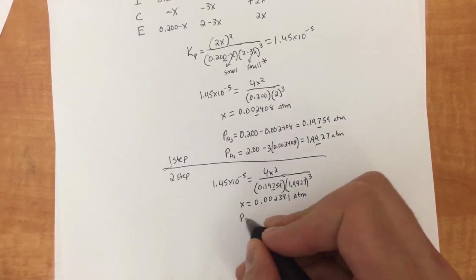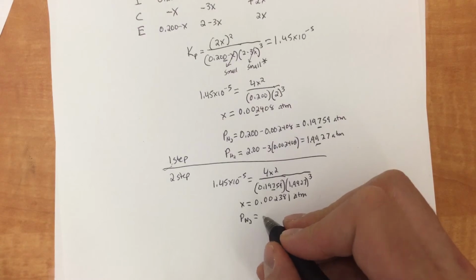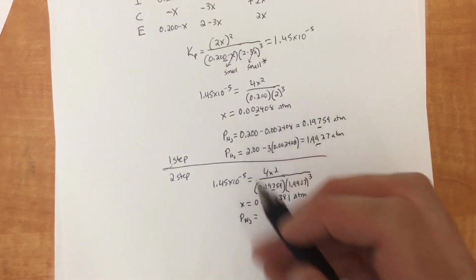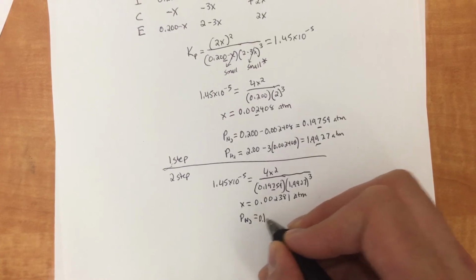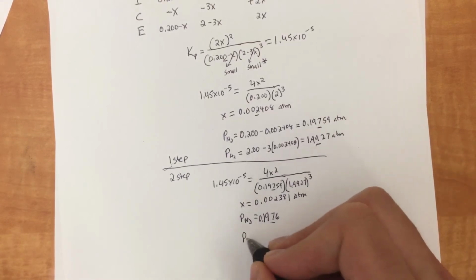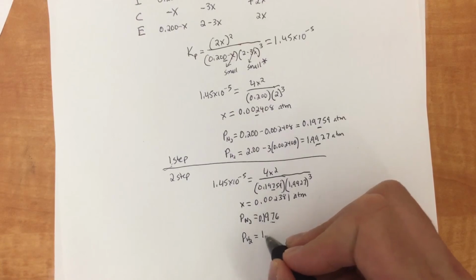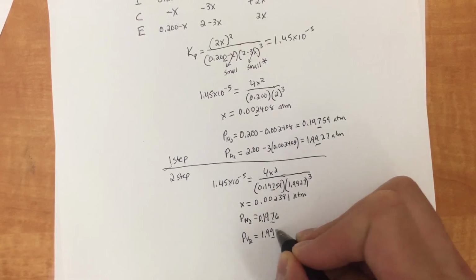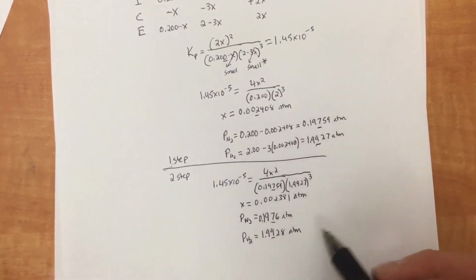So let's take a look at what happens to our PN2 pressure. When we subtract our x from 0.2, we get 0.1976, and the pressure of hydrogen is equal to 1.9928. These are in atmospheres.